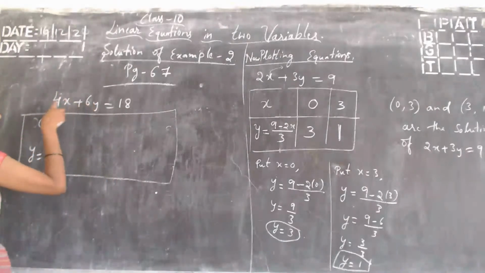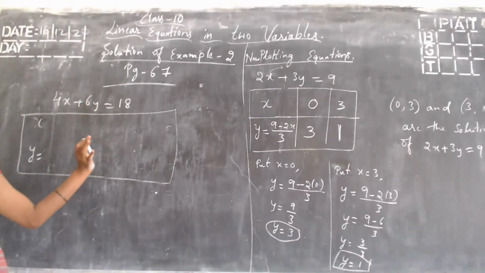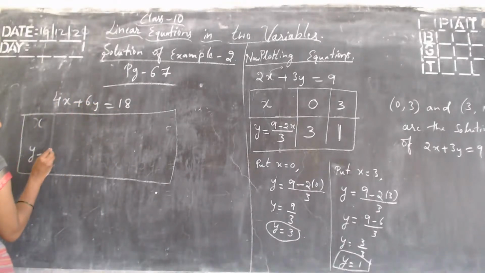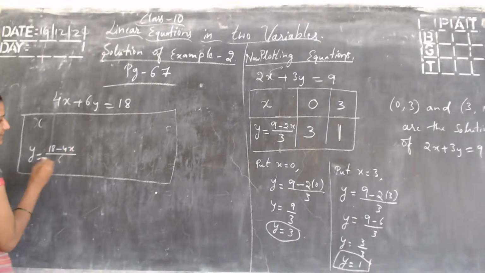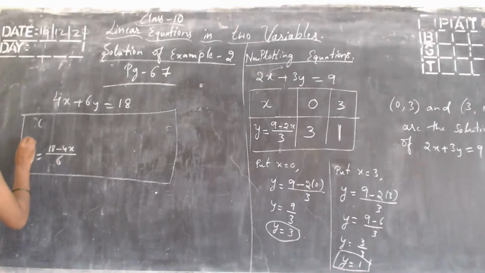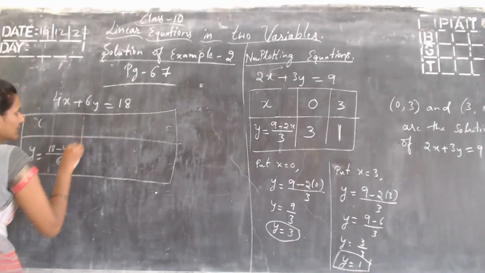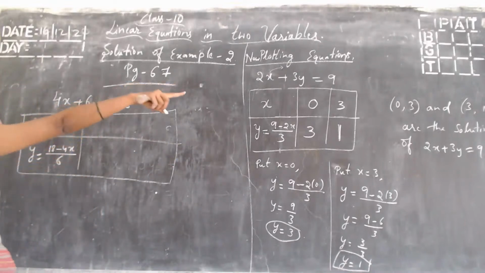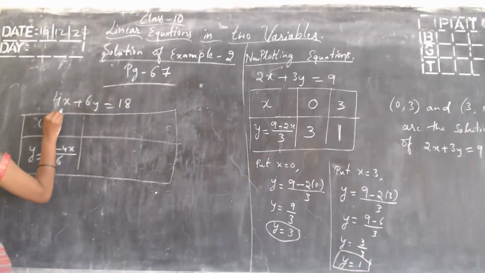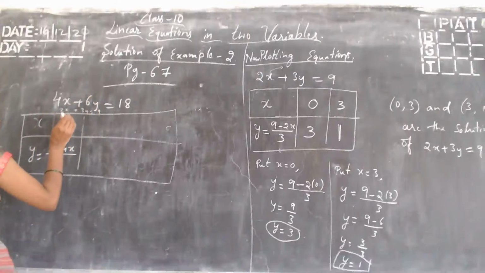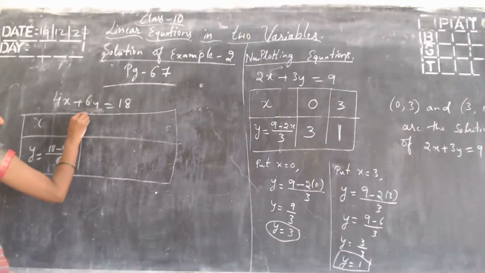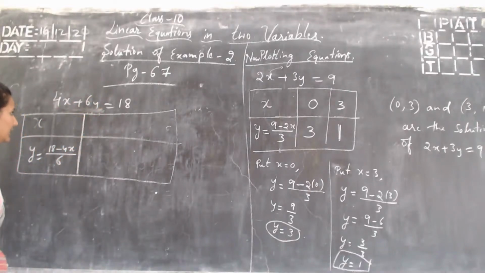By using this equation, you can simplify this, or you can take it directly. Y is equal to 18 minus 4x divided by 6. If you simplify this, you will get the same equation, divided by 2: 2x plus 3y is equal to 9. Same equation will come. Understood? But I am not simplifying this. I am writing as it is.